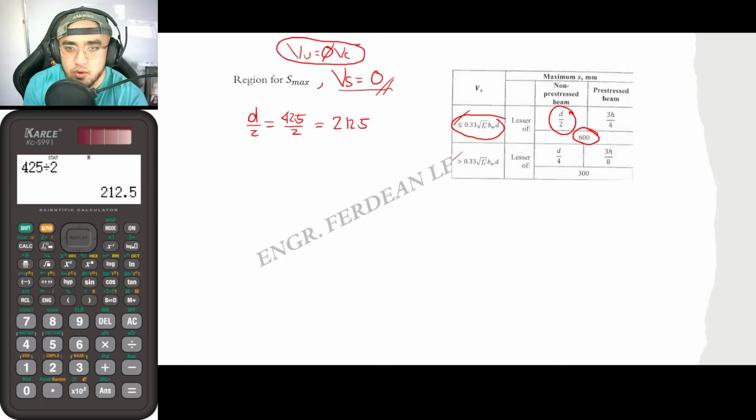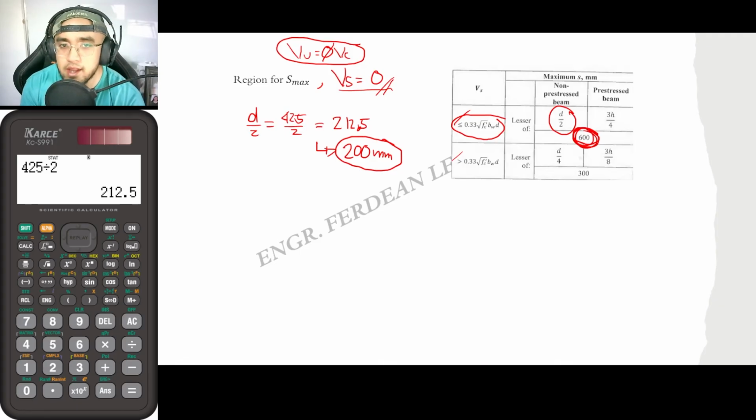As you can see, that 212.5 is less than 600. Thus, let us make use of this value, or rather, let us round this down to 200 mm. So from that, I will now be choosing an S max equal to 200 mm. Next up, let us solve for the strength of a 200 mm spacing.